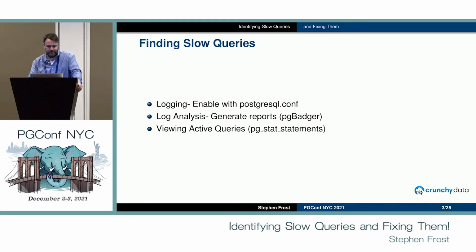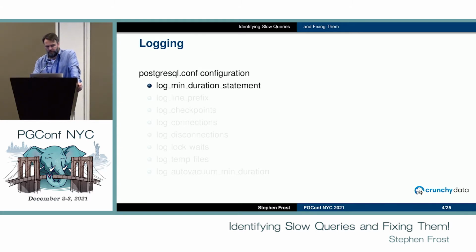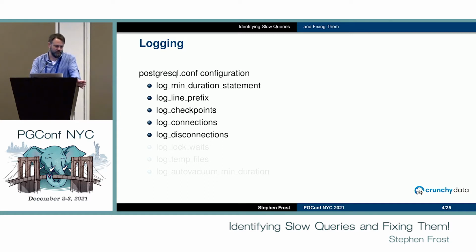So first and foremost, when it comes to logging, there are a bunch of different configurations in postgresql.conf that are relevant here. I'm going to go through these: log_min_duration_statement, log_line_prefix. We'll talk about checkpoints, which are actually pretty important.